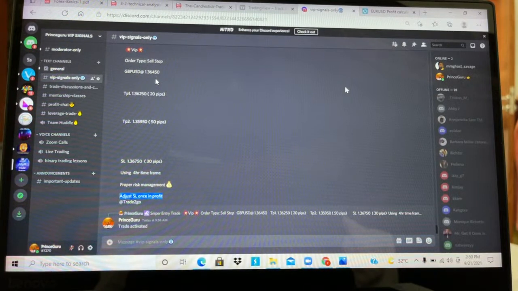Now we will be entering using a lot size of 0.01. Okay, 0.01 lot size. You remember what that lot size stands for in dollar figure? Yeah, that was 10 cents per pip.